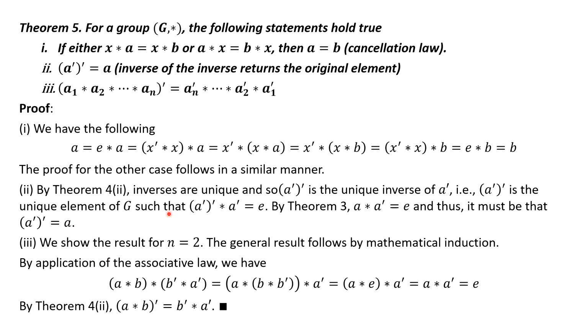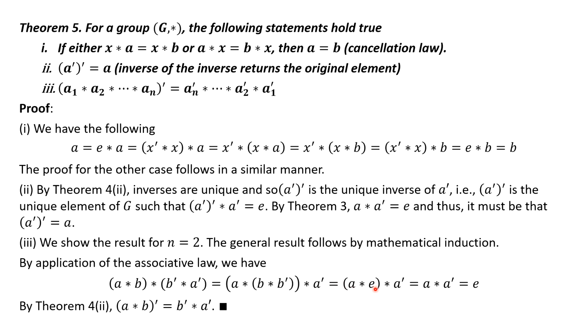Then the third one, we'll prove it for just n equals 2, and rather than using these subscripts, we'll just use A and B. And then it'll follow from mathematical induction that this holds for n elements, where n is greater than 2. Okay, so we have A times B, times B inverse times A inverse. And then we use the associative rule here to combine these two middle ones together. And then this is the identity.